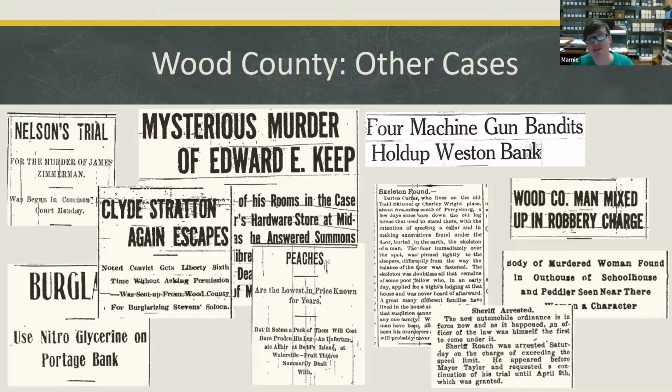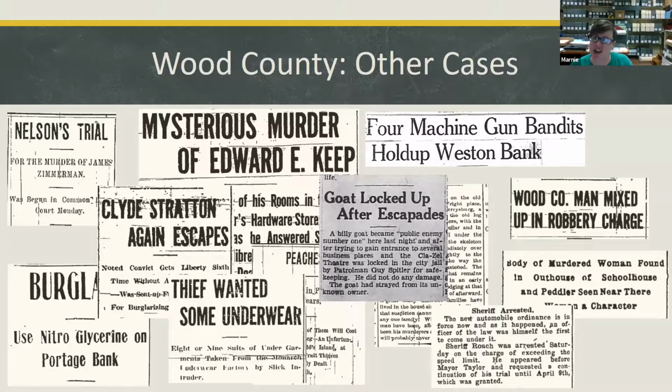And then sometimes the stories, while crimes, were a little bit funny, like the underwear thieves and the goat that escapes. So they weren't all grisly and horrible. But like I said, my impression is that Wood County was a rough place for a while. So I think if I was that underwear thief or that goat, I might get the heck out of here.